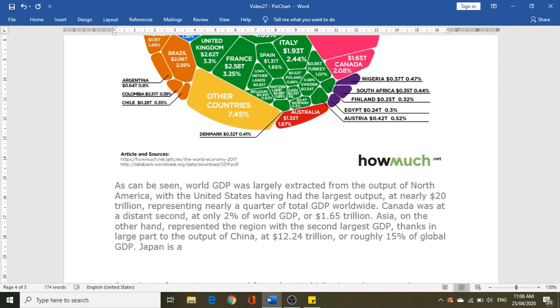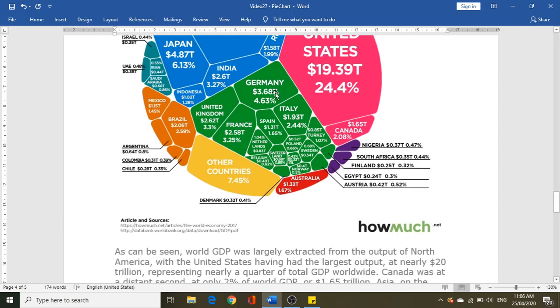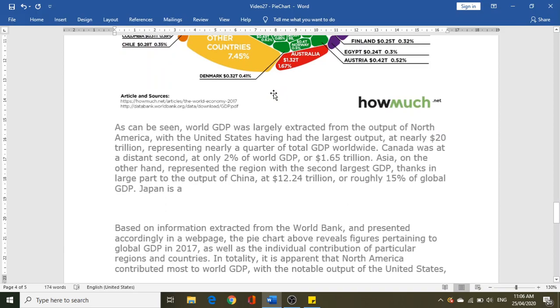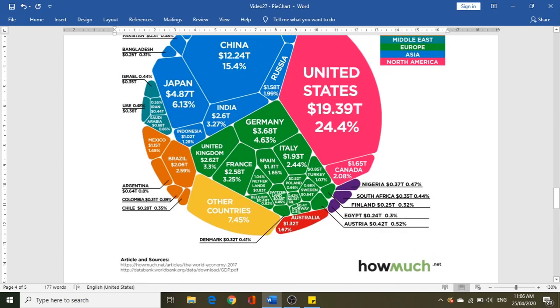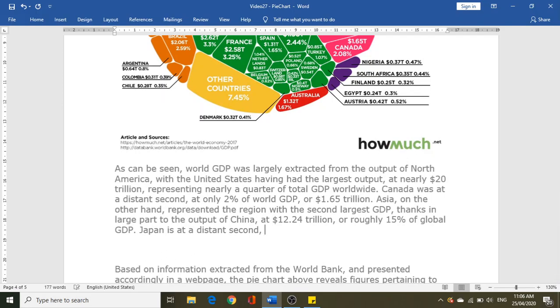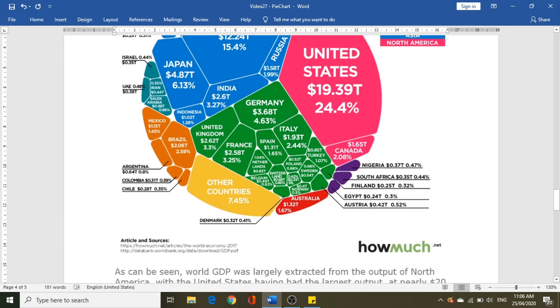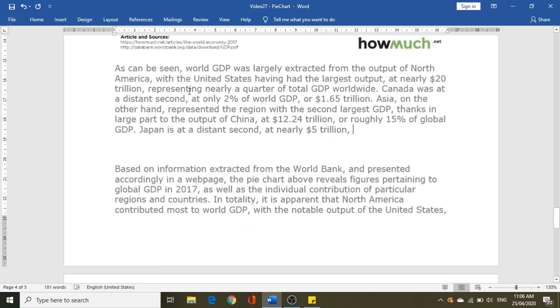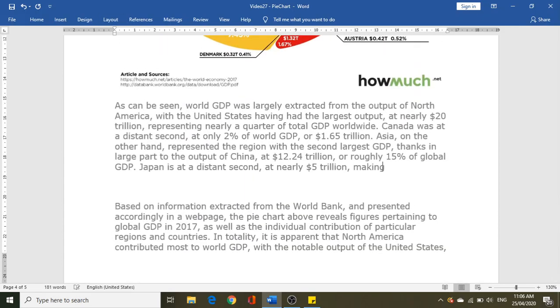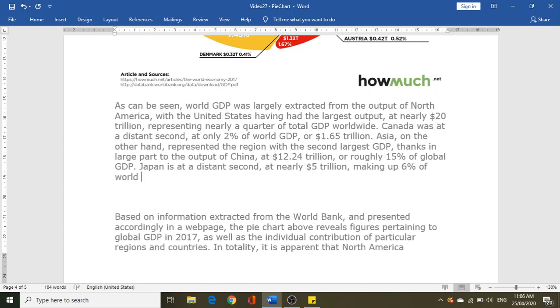Japan is, let's group Japan and India together. No, let's mention Japan separately. Japan is at a distant second there, at nearly 5 trillion, making up 6% of world GDP.